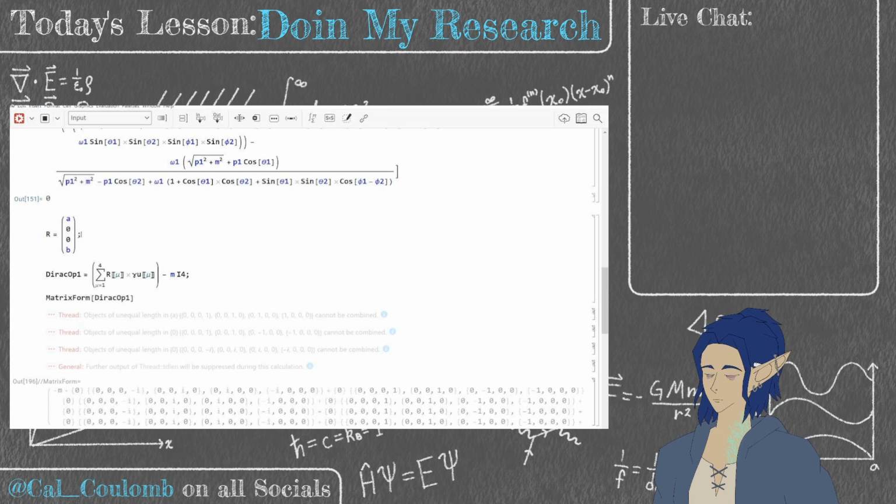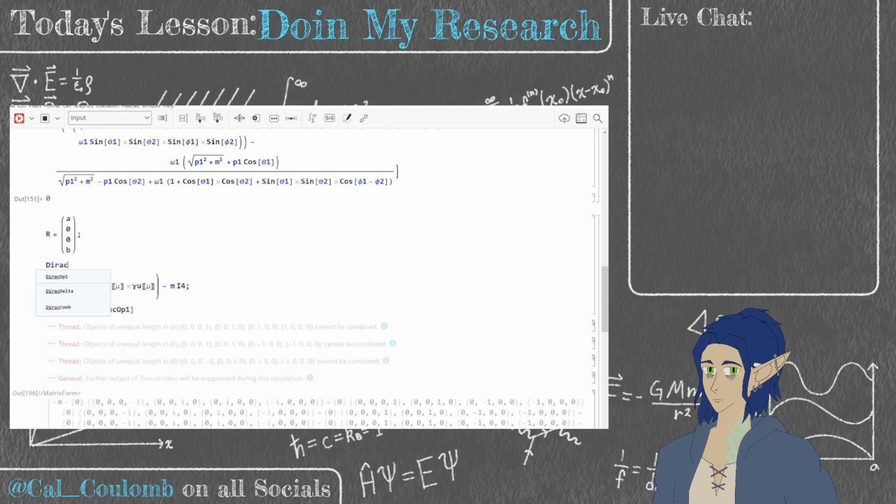I guess I could just do it out the long way. So Dirac operator 1 is equal to a sparse array. And then I need it to be a 2-index object, so there. And now I just put this inside a Do function.